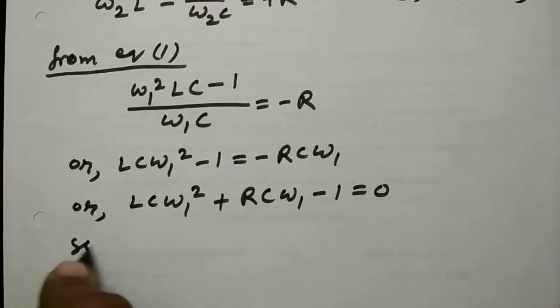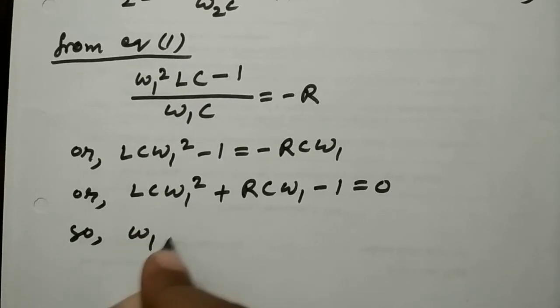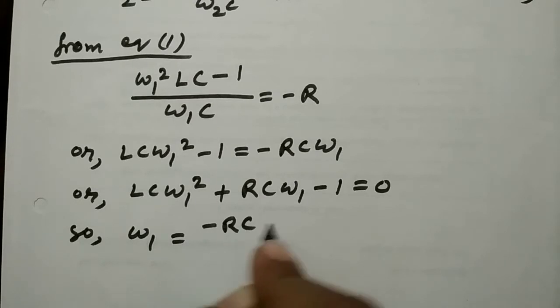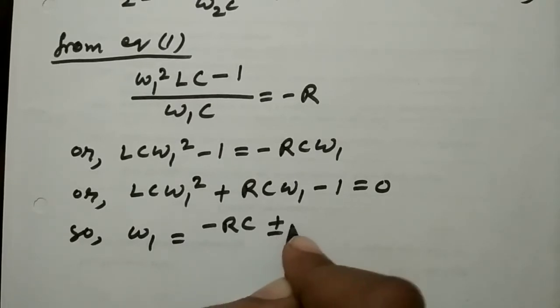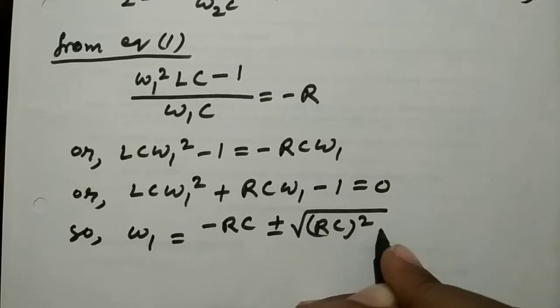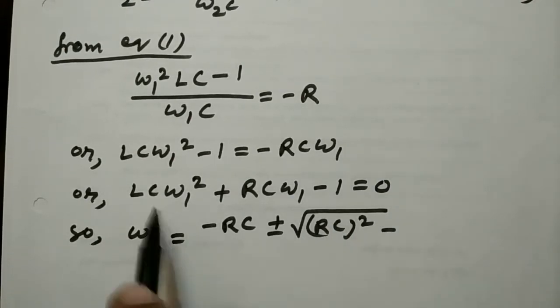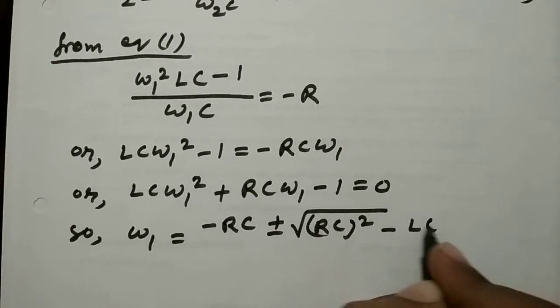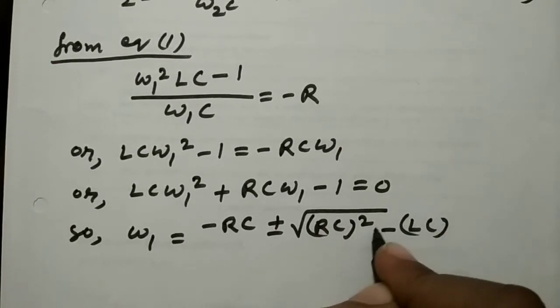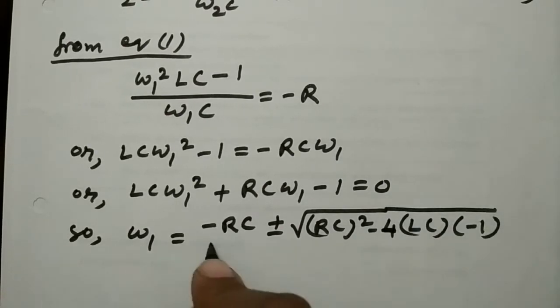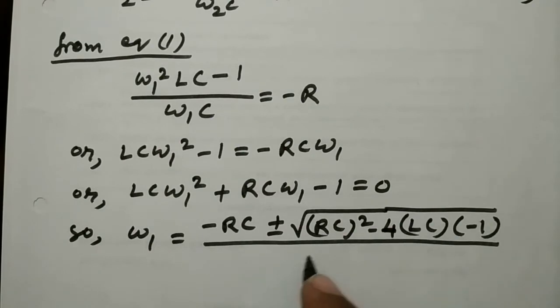So omega 1 is equal to minus RC plus minus square root of RC square minus 4A into C. So it will be minus 4LC into minus 1 upon 2A, that is upon 2LC.